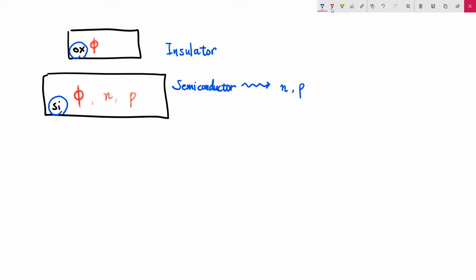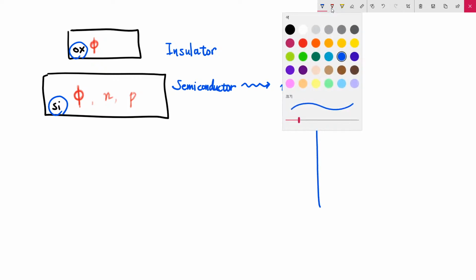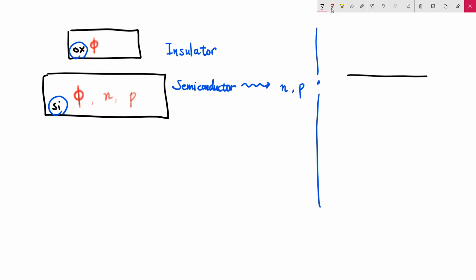So, please make a comparison with our other one. Yes, here we have still silicon, the same thing, same reason, and define here electrostatic potential, electron density, hole density.